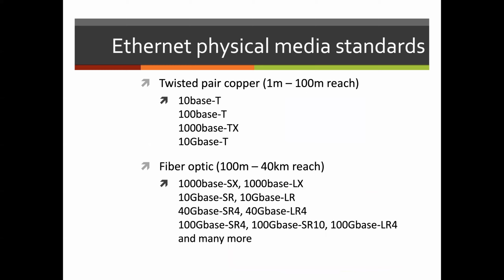When we think about Ethernet physical media standards, we have twisted pair copper as well as fiber optic, and each one has an appropriate base that allows for appropriate transmission of data at a wider or faster speed.